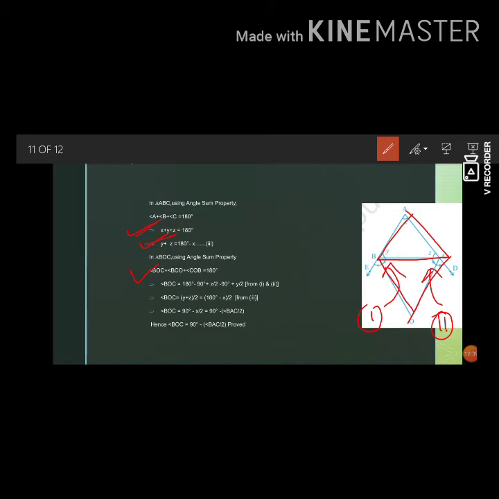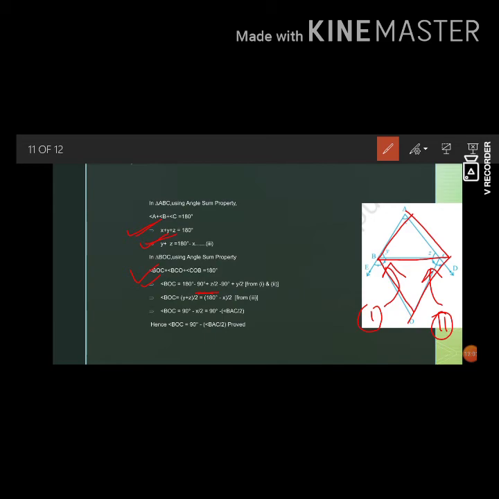We will substitute these values in this angle sum property statement and subject angle BOC. So we are subjecting angle BOC, 180 minus angle BCO, which is 180 minus (90 minus z by 2). Transposing, it will become minus 90 degrees plus z by 2. Similarly, angle CBO is equal to 90 degrees minus y by 2.